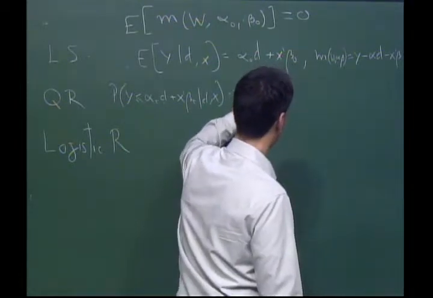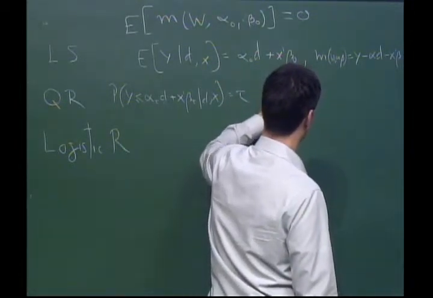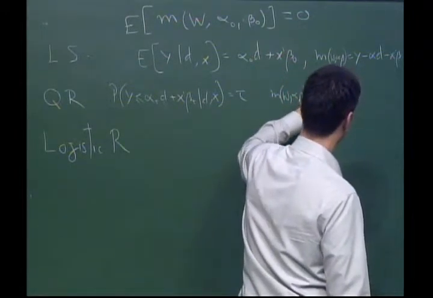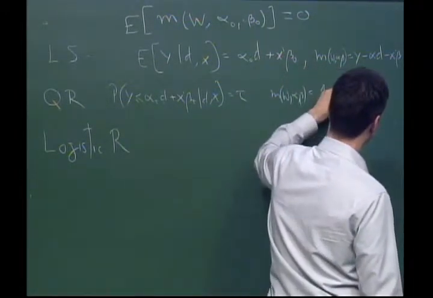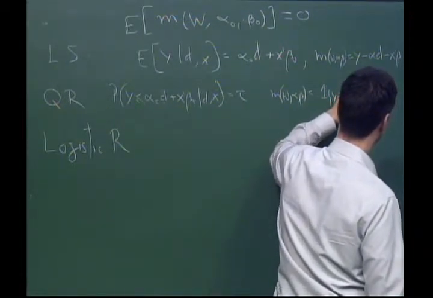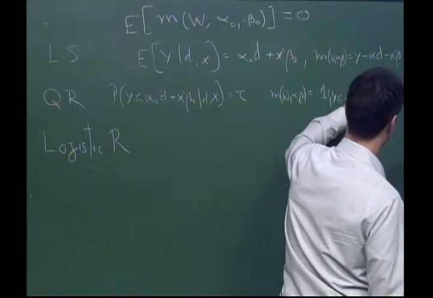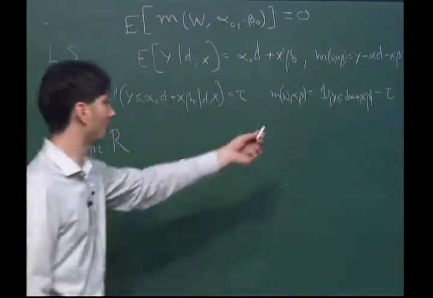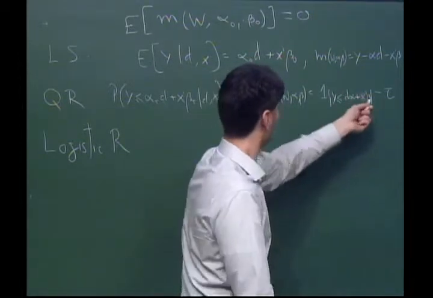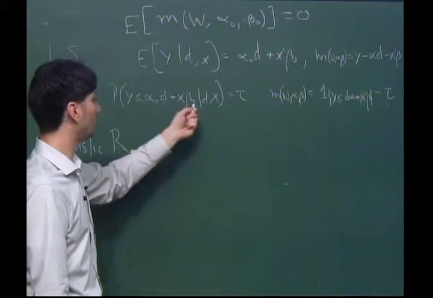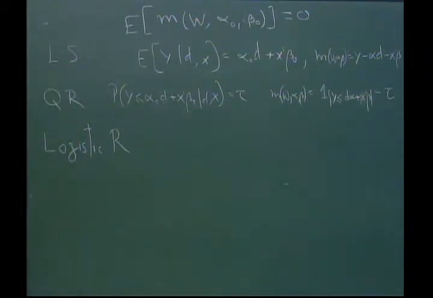So our moment equation is actually the indicator function of Y less than or equal to D alpha plus X beta, minus tau. When you take the expectation of that, this becomes the probability minus tau. When I evaluate at those exact points, I get 0 again.